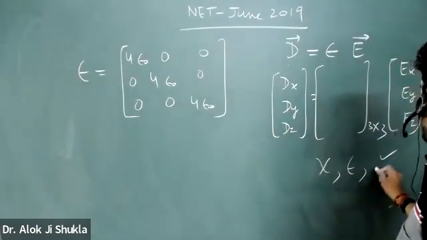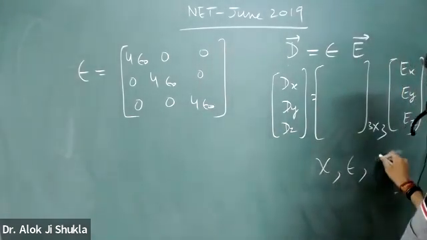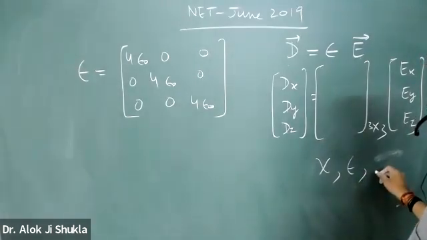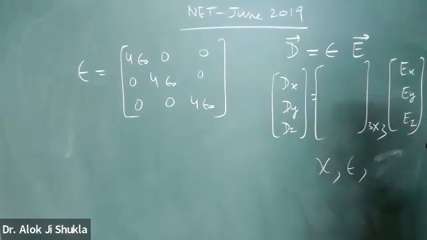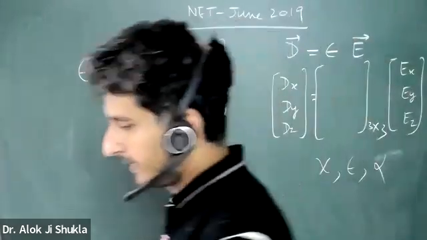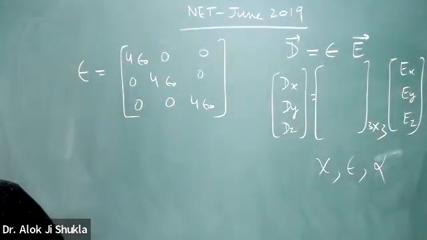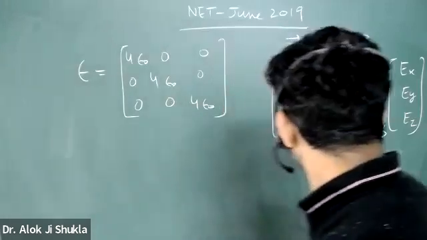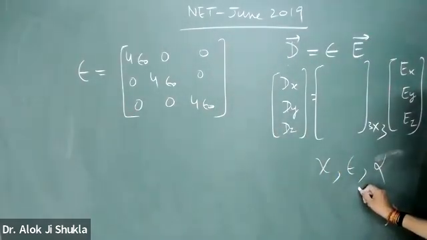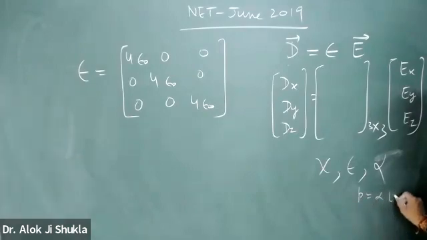Chi, epsilon, and what else? Alpha. All these are actually tensors. Alpha represents, P is equal to alpha E, होता है ना? Polarizability.